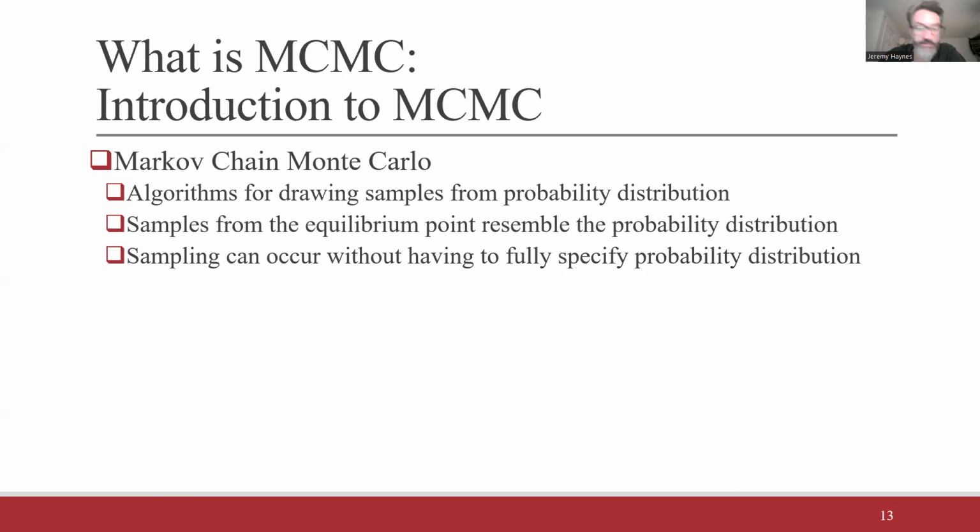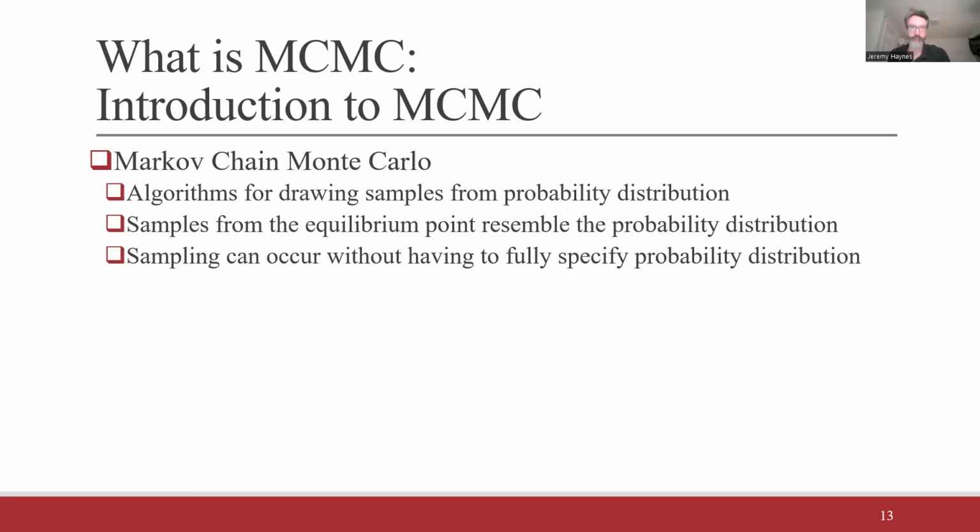Okay, so now we're kind of in the what is MCMC phase. And this is going to be pretty brief because there's a lot of different types of MCMC algorithms. So the longhand form is Markov chain Monte Carlo algorithms. These are just algorithms that allow us to draw samples from a probability distribution.